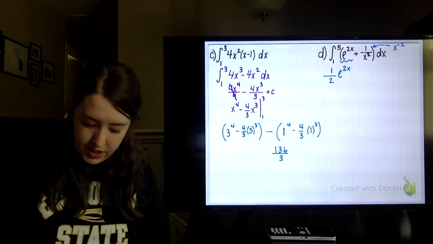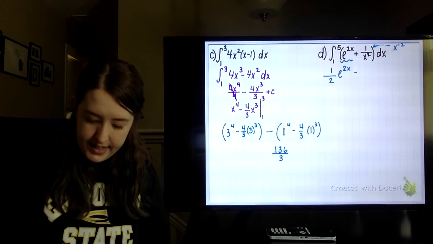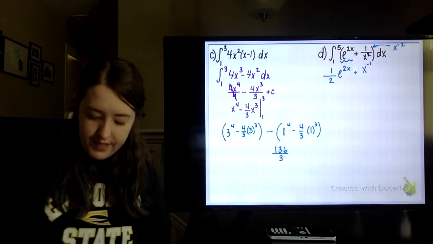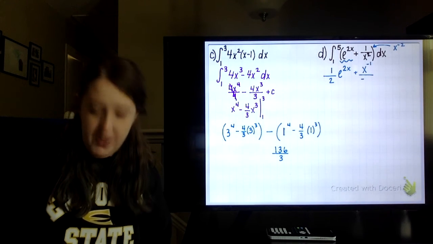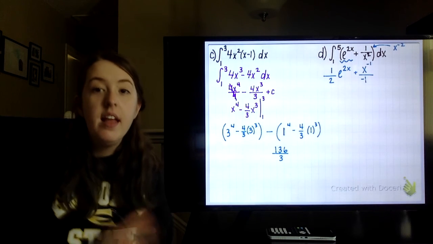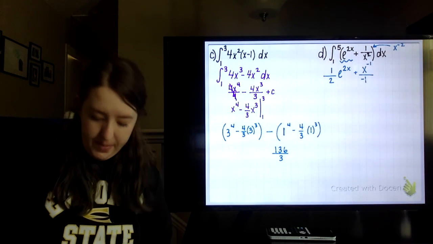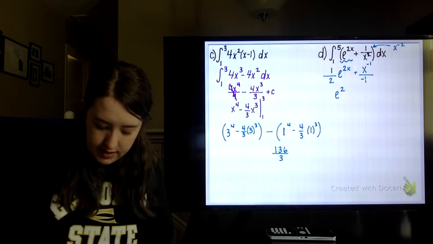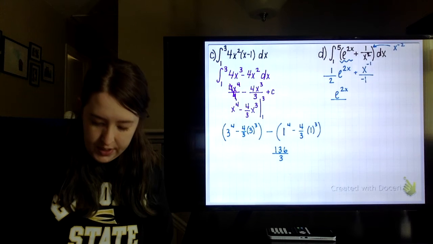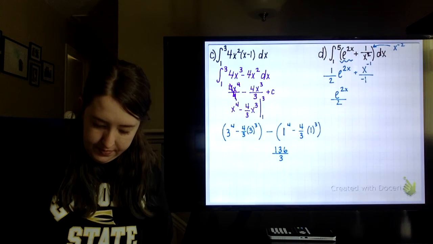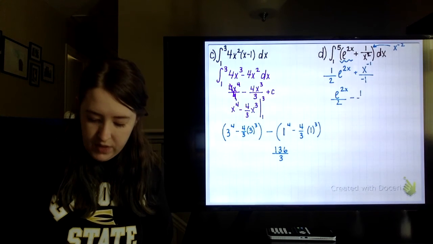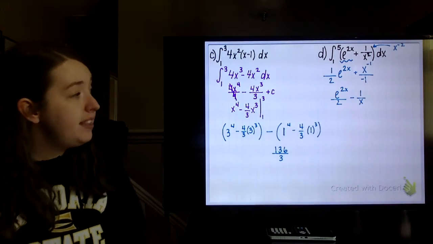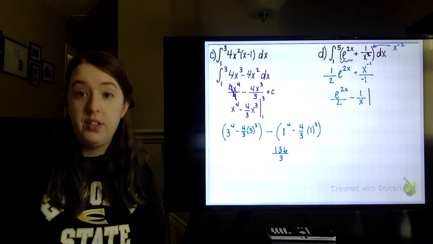So what we're going to have to do to take the antiderivative is add 1 to the power, so now x is to the negative first, and divide by the new power, so -1. Now I'm going to clean this up a little bit. So what we have right now is e to the 2x over 2 minus 1 over x. And then we are supposed to evaluate that from 1 to 5.